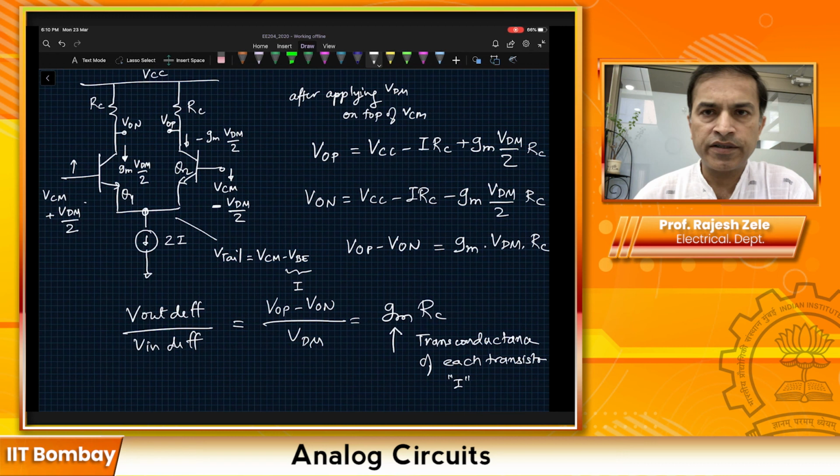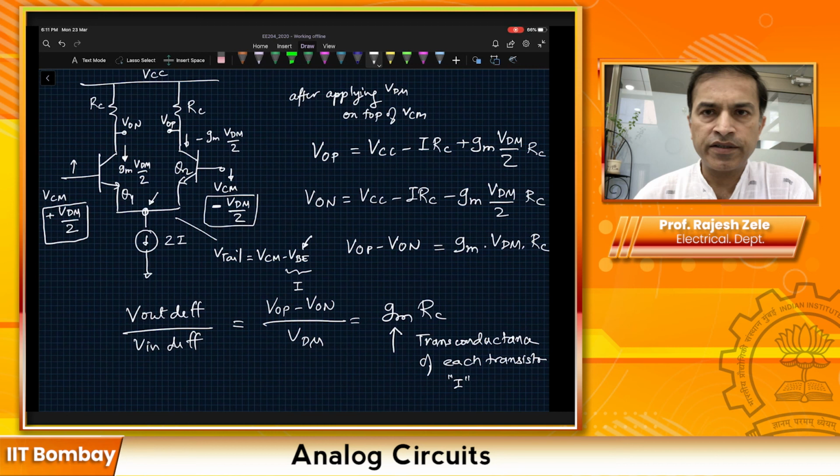Because the differential voltage that you're applying is added to the VBE of Q1 and removed from the VBE of Q2 by the same value, and what you would then see is the tail current node V tail will always remain fixed. In this particular case, VBE is the VBE when you are carrying constant current I. Okay, not with the differential current going in.